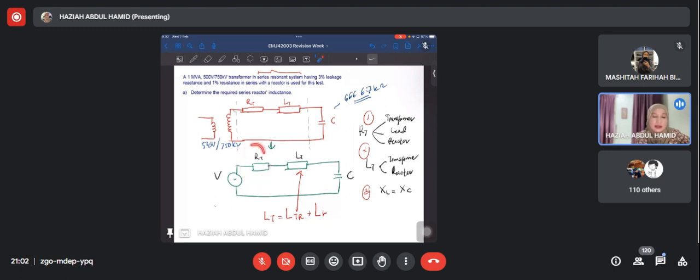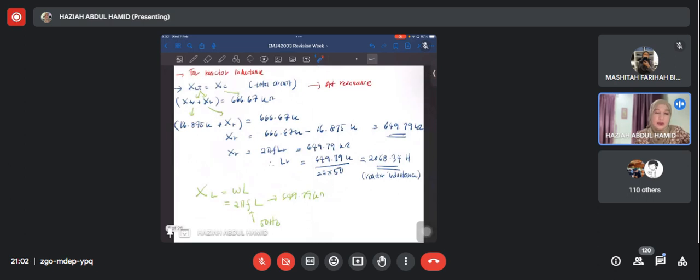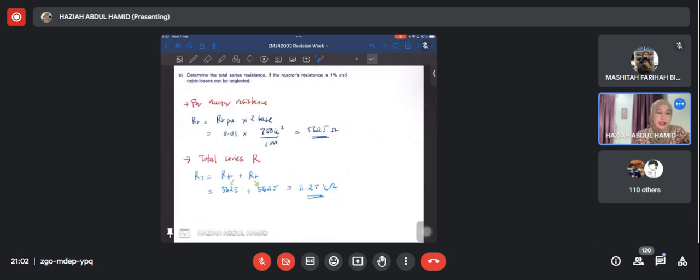Okay, R, this part. So R is contributed by the transformer, is already given 1%, and also R is contributed by the reactor punya resistor. And maybe R tu can be contributed by other component as well, but the question asks you to ignore. It just focus on the two component only, right? So for the reactor punya resistance, since dia dah bagi 1%, so you guna 1% convert kepada actual value.